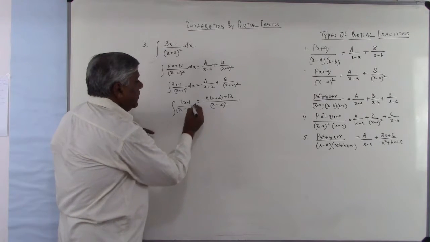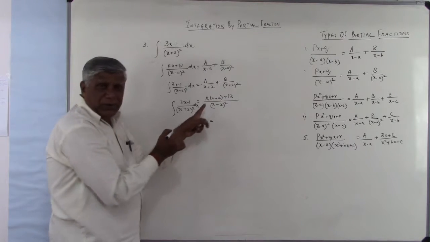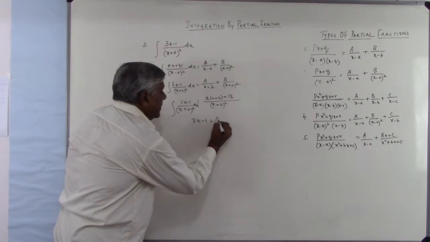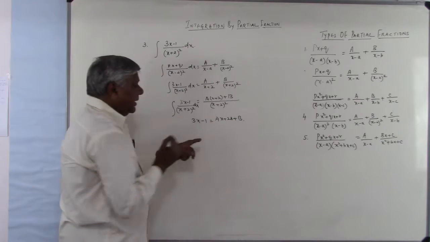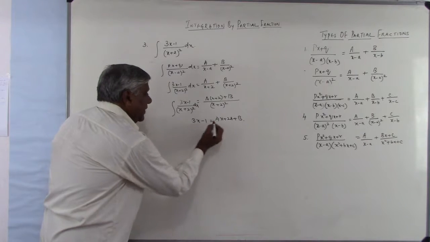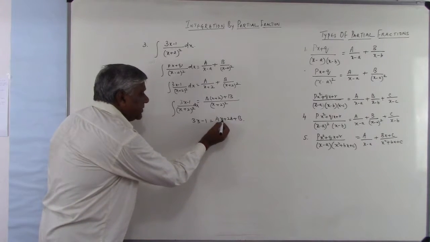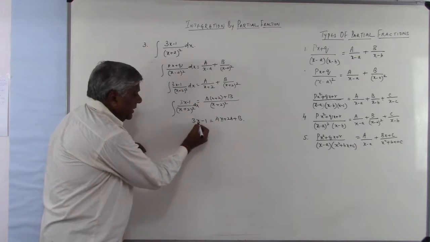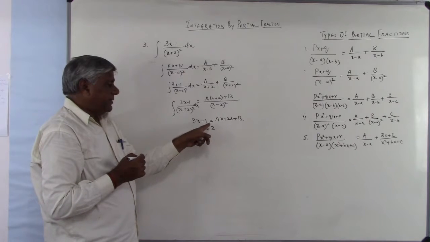Now 3x minus 1 divided by x plus 2 whole square with integral dx. Now what we are going to do, we will equate 3x minus 1 is equal to ax plus 2a plus b. Now equate the coefficients of x. Here, equating the coefficient of x means, what is the value of a here? The x coefficient is a, the x coefficient is 3. Therefore, a is equal to 3.